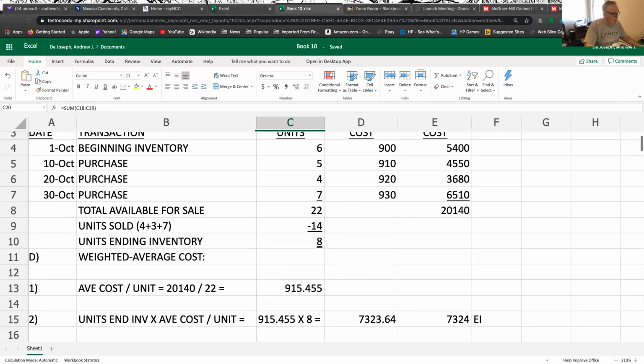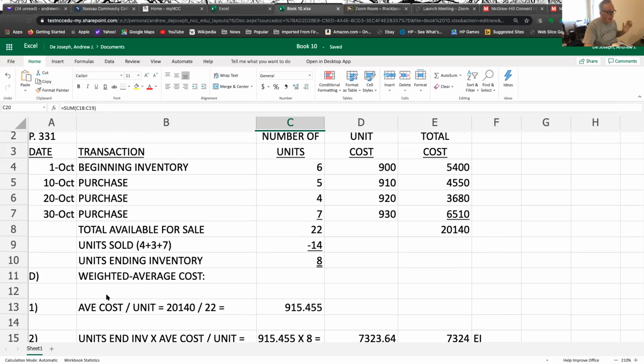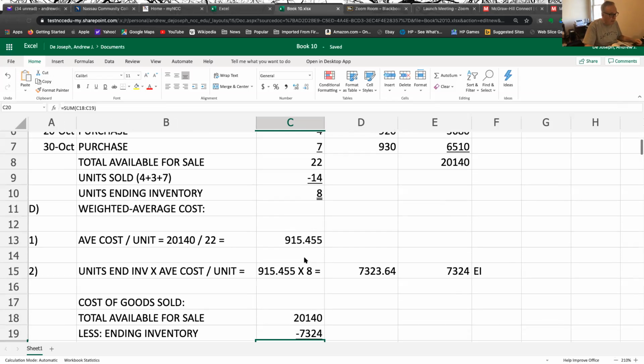All right, so just to recap, you make your chart, start with the beginning inventory, add the purchases, get this total available number. This is a very important number. Don't underestimate it. Subtract the units sold. In this case, it was 14. So how many do we have left? 8. What's the dollar amount of the 8 units we have left?